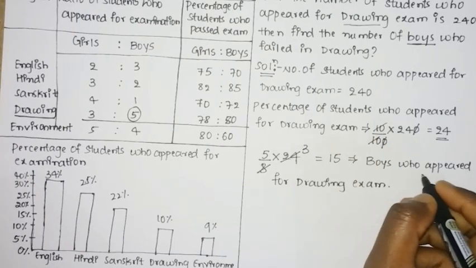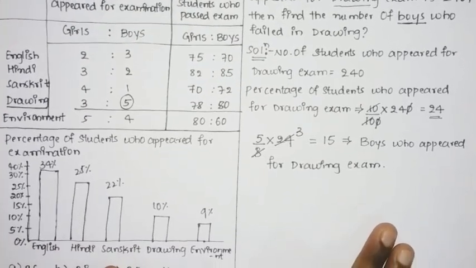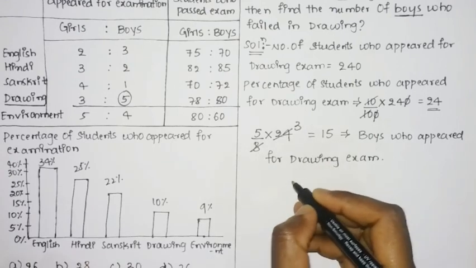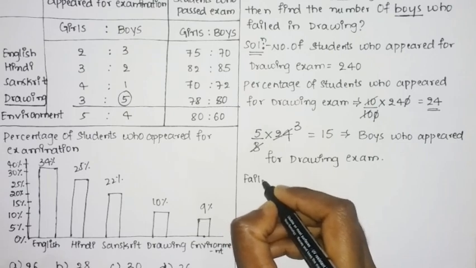But they have asked how many of the boys failed in the drawing exam. We need to find the number of boys who failed in the drawing exam, which is equal to the percentage of boys who failed in drawing.